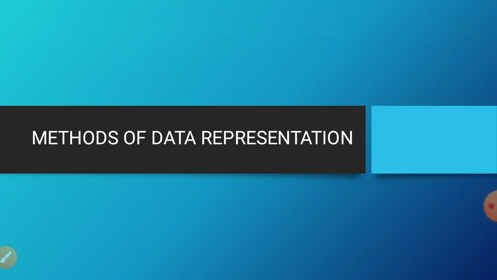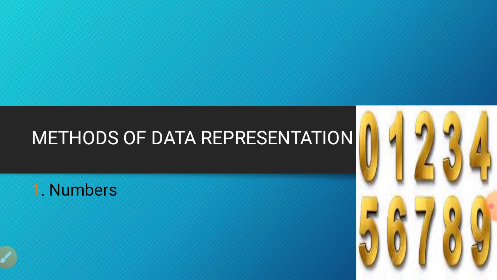Now, let's look at the methods of data representation, the ways data are represented. Number one method is with numbers. This includes a range of 0 to 9 digits. It is an effective way of itemizing just about anything for reference on the computer.